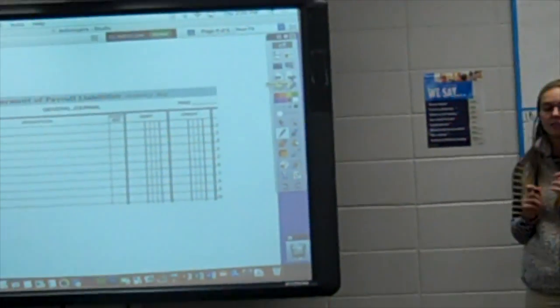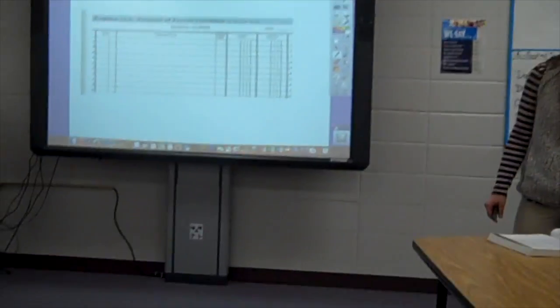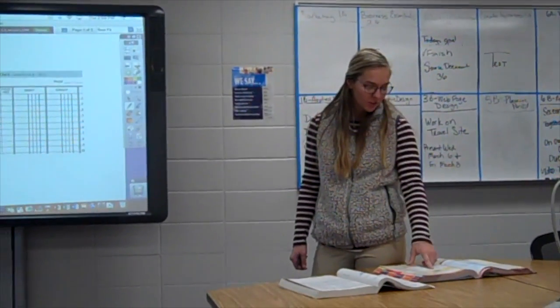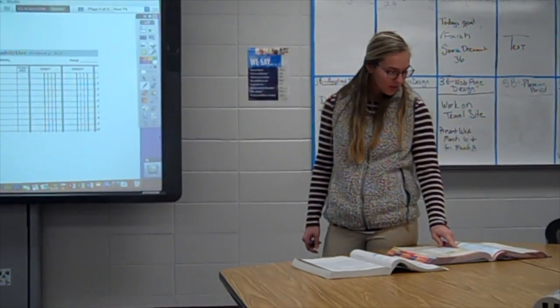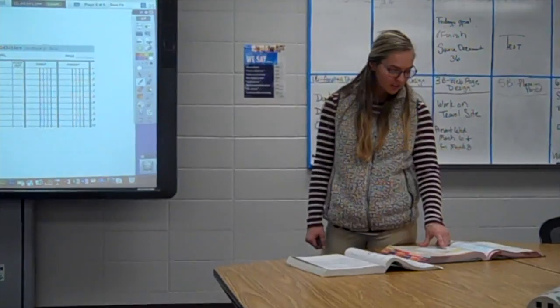So now we're going to have to record our payroll liability. 13.4 says the following account balances appear in the general ledger for Soapbox Laundry on April 30th. The Social Security tax payable is $318.55. The state income tax payable is $205.60.